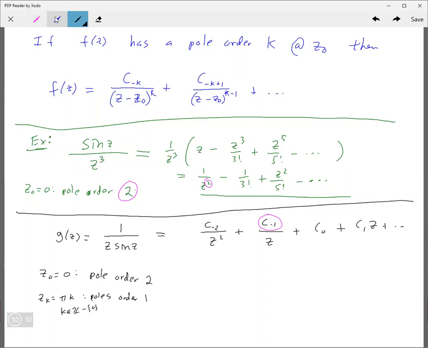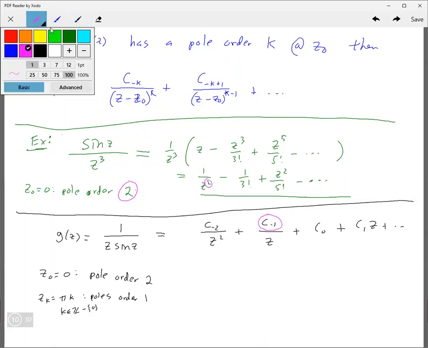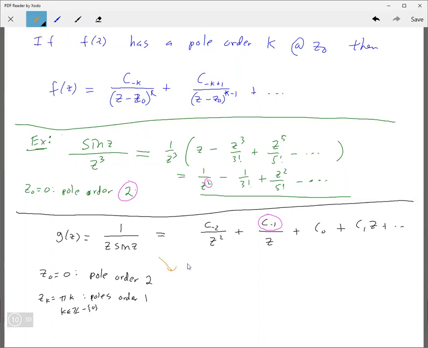Let me use a different color. What you would do is multiply both sides by z. Oh wait, by z squared. So that's going to give you z over sine z, and this one's going to be c minus 1 z, and then c0 times z squared, and so on.